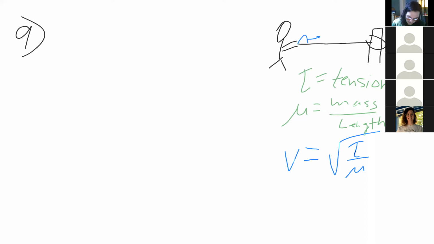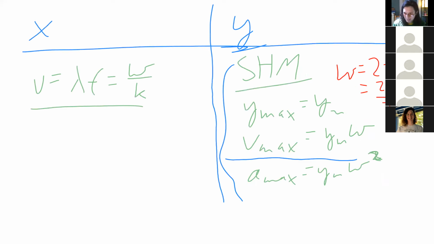Just as a reminder, this is the same thing as your lambda f speed. This is the wave speed. This is how fast we're moving in the x direction. So this goes back into our table, I hope I kept that, this table where we have the x and the y, we also have on the x side that this is equal to the square root of tau over mu.